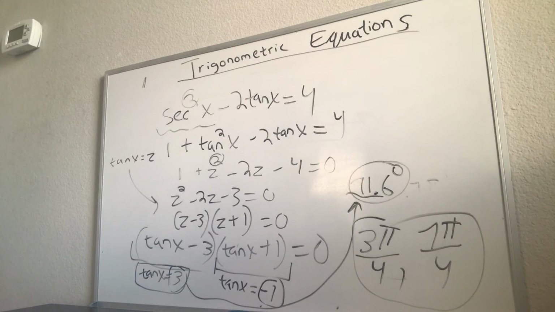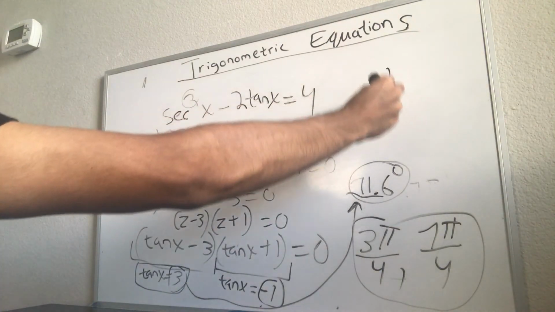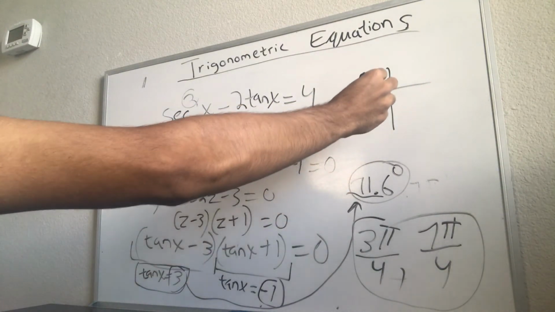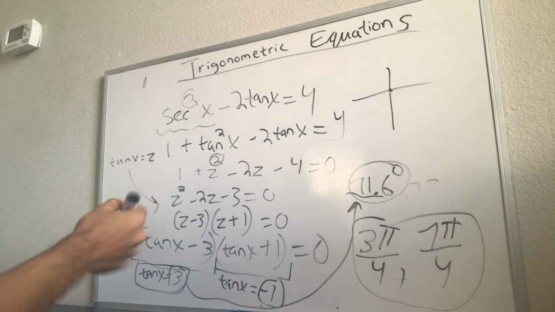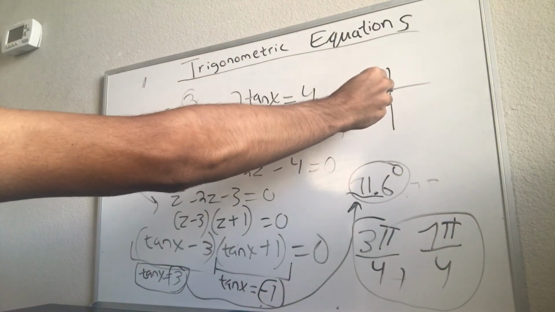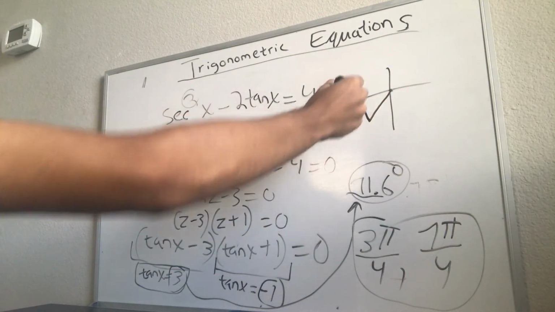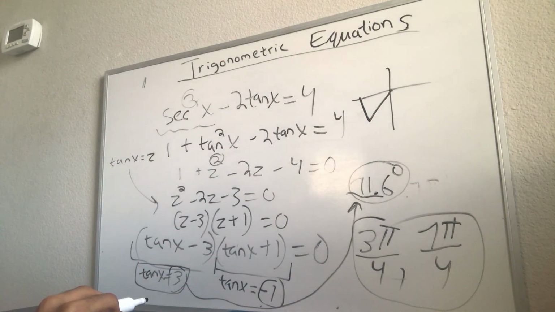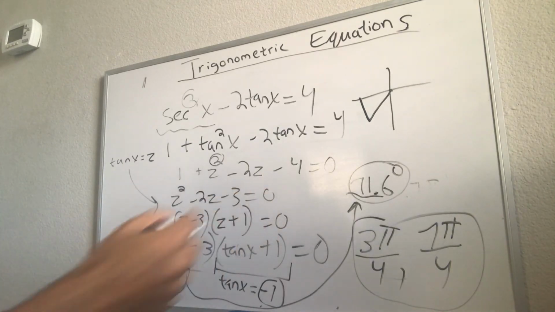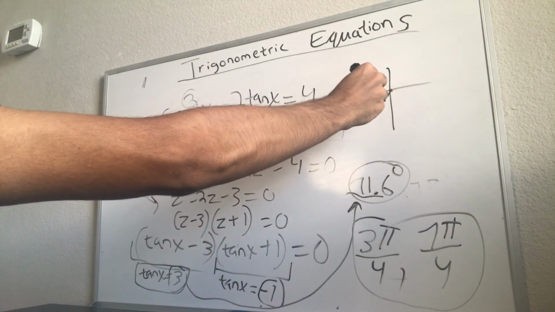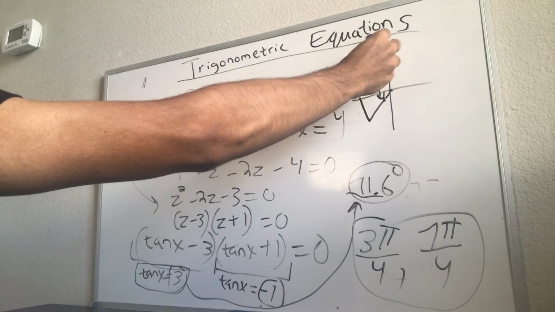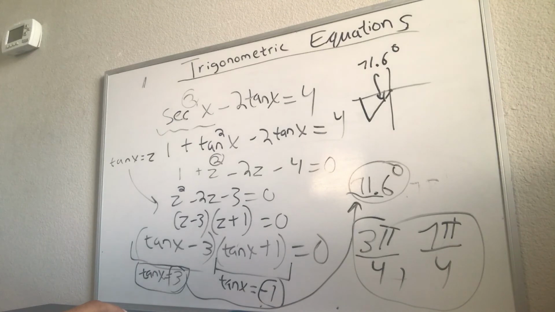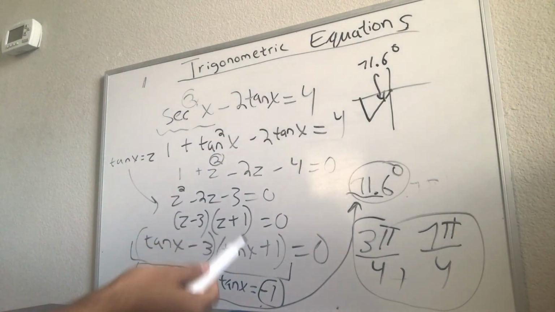So if there's a positive value here, we should understand that in the third quadrant we can get the positive 3. If I make the triangle in the third quadrant, I know my reference angle is 71.6 degrees, and in the third quadrant it's going to give us a positive value.